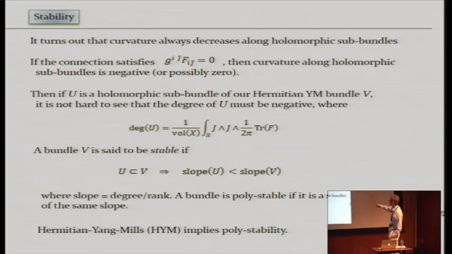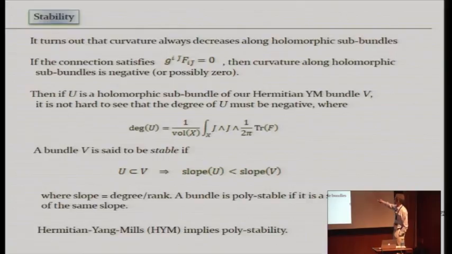Now I take this and I integrate it. Well, if it's negative or 0 everywhere, and if I integrate it, it will certainly be negative, or possibly 0. But this here is a topological quantity, which is called the degree of U. Well, it's topological if you fix the Kähler class, that is. Right? So the trace of F, this is actually the first Chern class.